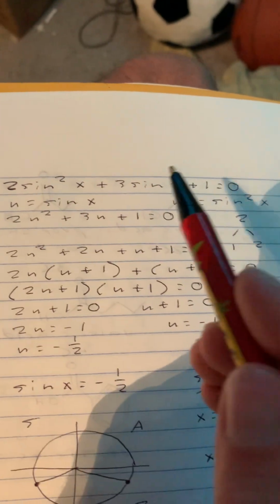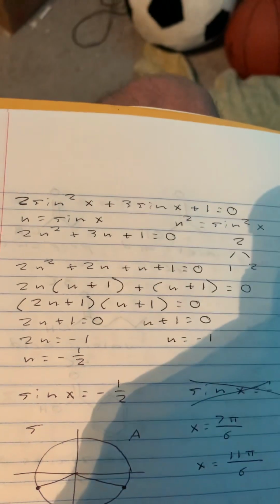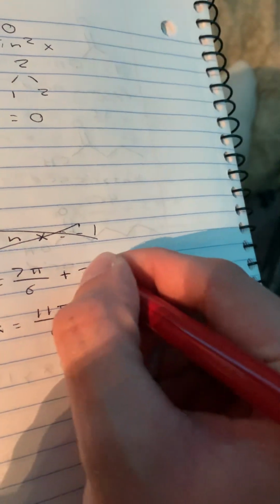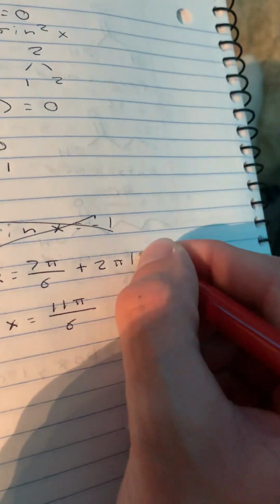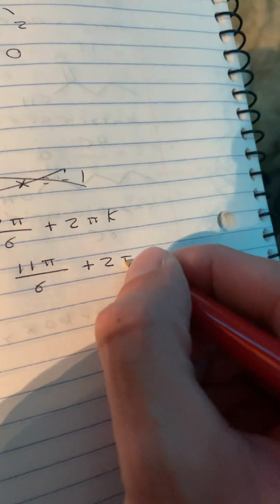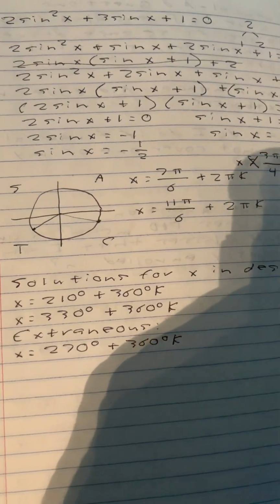Now, those are only on the given interval from 0 to 2 pi, but we're not given an interval. So we have plus 2 pi k and plus 2 pi k. And ladies and gentlemen, I also found the solutions in degrees, if it asks in degrees.